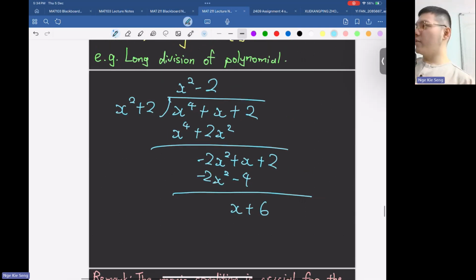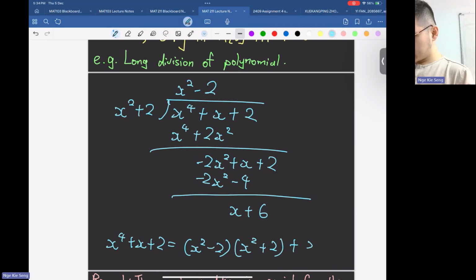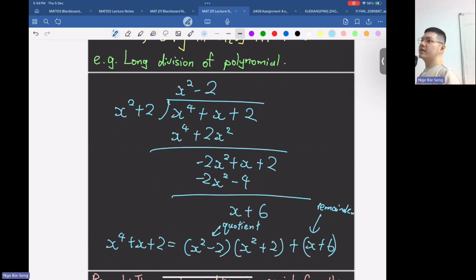So you cannot divide anymore, because in a polynomial ring we don't have negative powers of x. So what do we get? x^4 plus x plus 2 equals (x squared minus 2) times (x squared plus 2) plus x plus 6. So here is the remainder, and x squared minus 2 is the quotient. The claim is that these two things are unique.